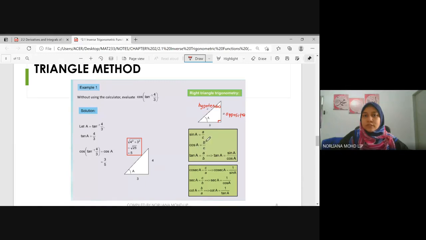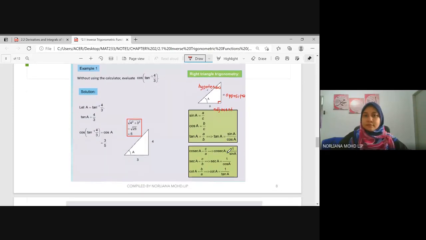Cos A is B over C. B is adjacent, sebelah over hypotenuse, and the tangent equals A over B, opposite over adjacent. And you have to apply the Pythagoras theorem to find the hypotenuse. So A square plus B square equal to C square.